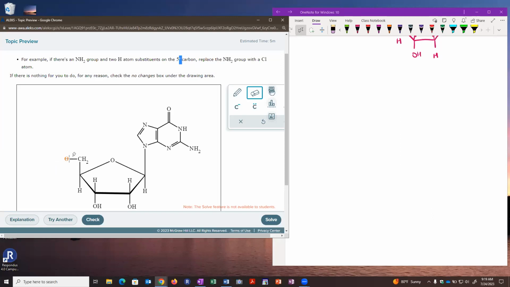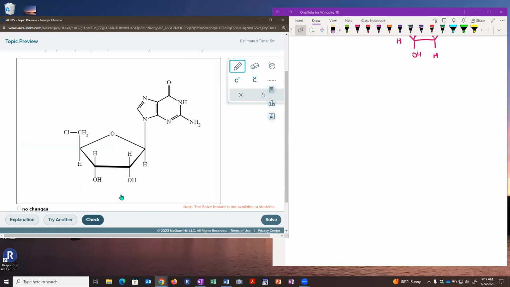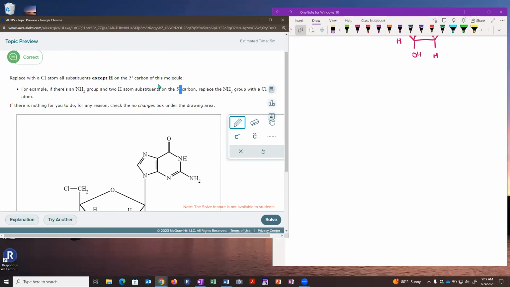All right, so the bond there now is to a Cl. See if I can draw that in right here and find a chlorine. All right, and there you go. So you need to locate the correct carbon in your structure and replace, in this case, anything other than an H with a Cl.